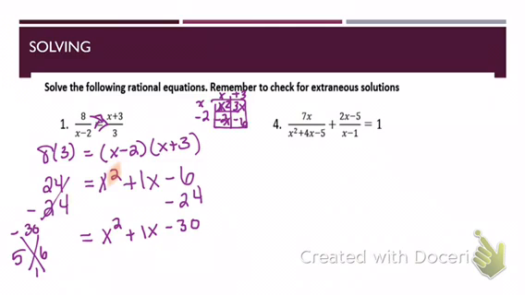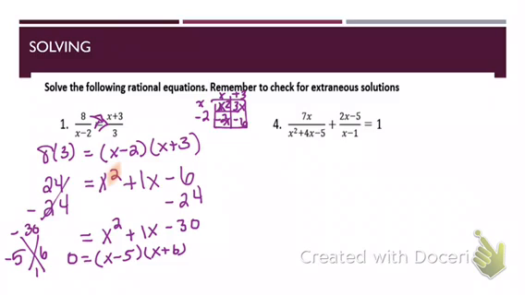Since our middle number is positive, that 1 is positive, and then the top number is negative, we know one of these has got to be negative. Which one? The 5. So we will have the factored form of x minus 5 times x plus 6.